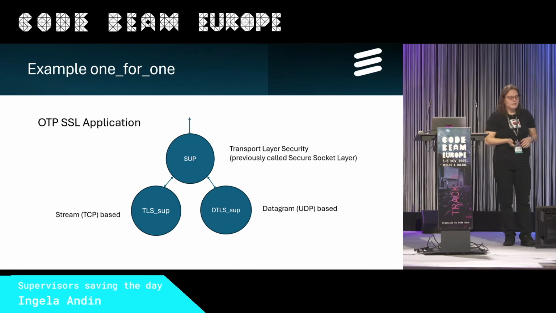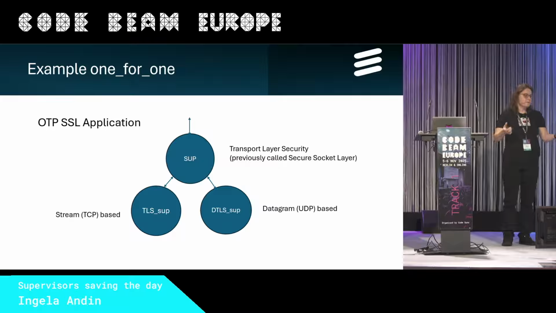And then we have another variant that is called DTLS, that is sort of a diff towards TLS, and it's datagram based, and it runs over UDP sockets by default. So these two types of connections have nothing to do with each other. So if we're having a DTLS supervision tree problem, we probably don't want to restart our TLS connections.